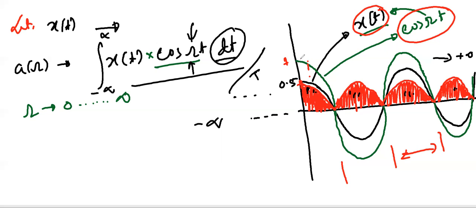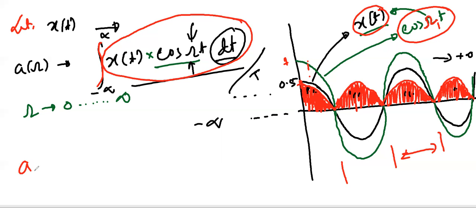My concern at this point is that after this processing, by doing multiplications and the integration from minus infinity to plus infinity, whether you are getting a positive or negative number. Of course, you are getting a positive number. Let's say we are getting that positive number for omega equal to omega 1.